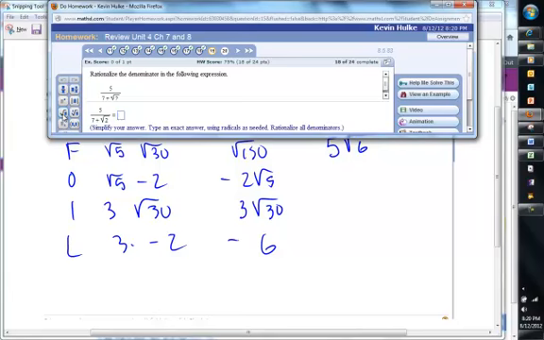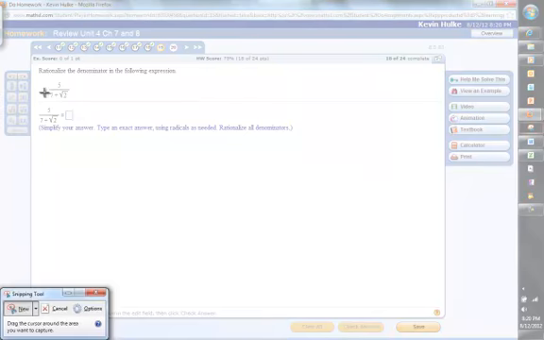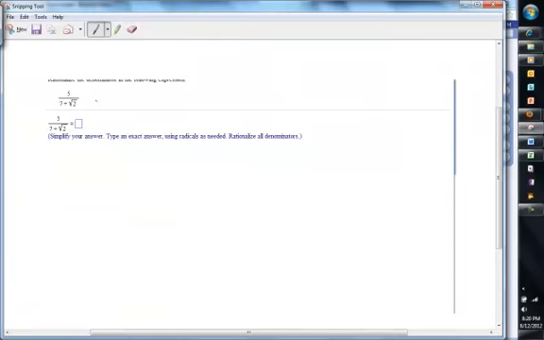Number 19. Okay, rationalize the denominator. Remember, you rationalize by multiplying by the conjugate. 7 minus the root of 2. 7 minus the root of 2. The denominator is 49 minus 2, because you square the first thing, you square the second thing. 49 minus 2 is 47.